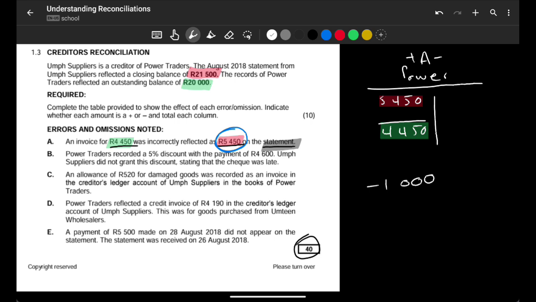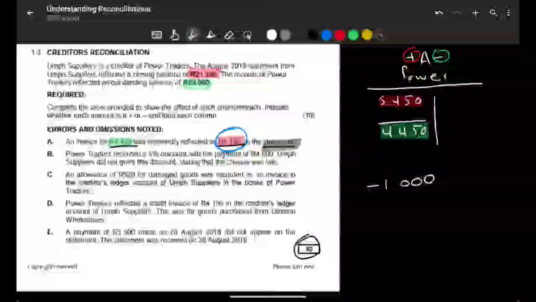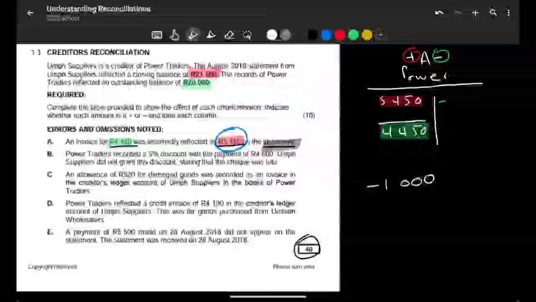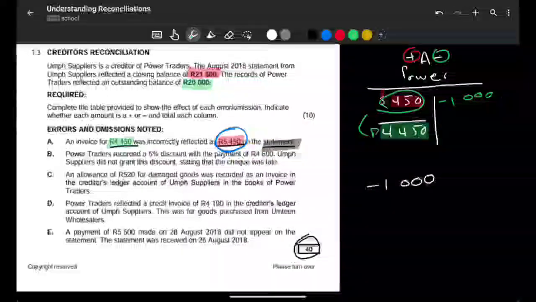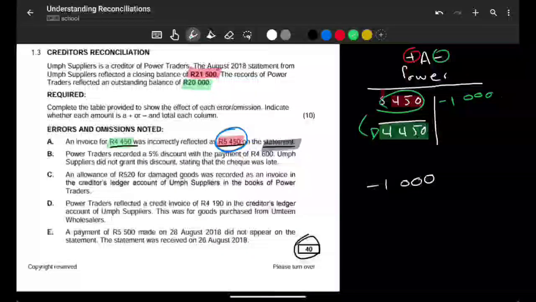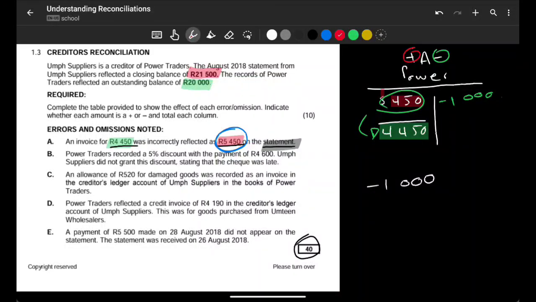So here we know that this side is addition and this side is subtraction. What we're going to do is subtract 1,000 rand from the 5,450 to get 4,450, right? Instead of crediting the full amount, I'm going to do it in red to show you what we're not supposed to do.